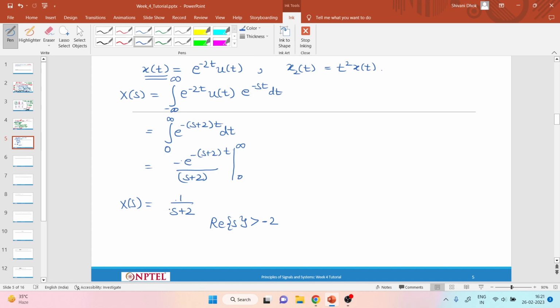So this is the Laplace transform that I am getting for x of t. Now we don't need the Laplace transform of x of t. What we need to find is the Laplace transform of this signal, that is x2 of t.